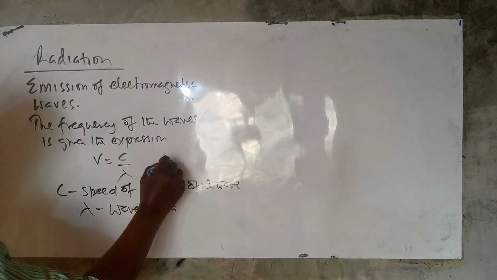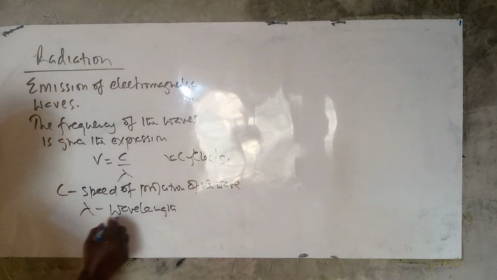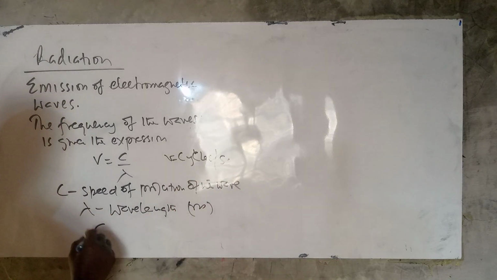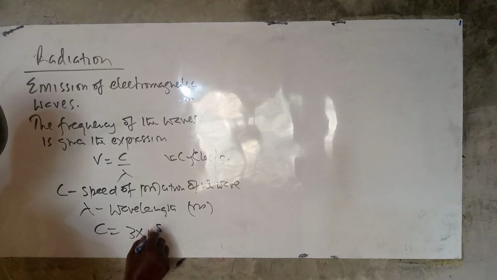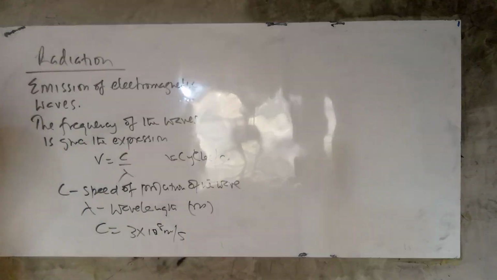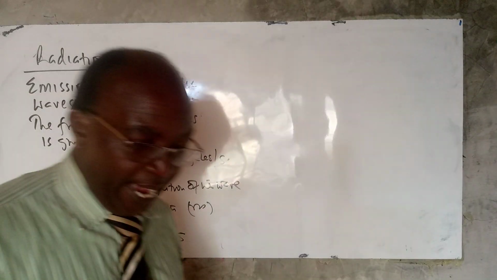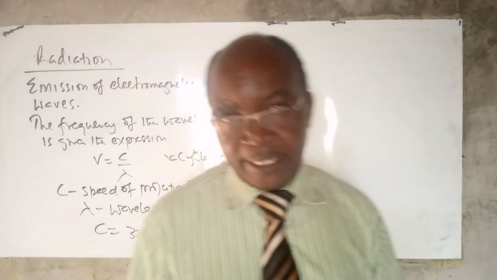So that v normally is in cycles per second, but if wavelength is in meters, then c will be 3 times 10 to the power 8 meters per second. That's the speed of propagation of that particular wave. And so this is very, very important.